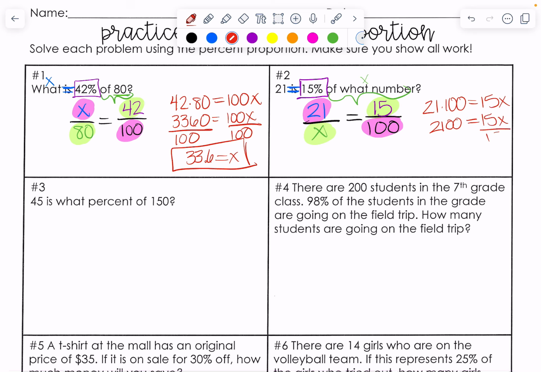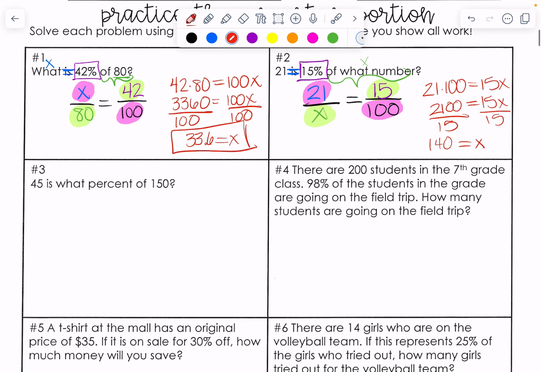I can divide by 15. And then I'm going to end up getting x is 140. And again, this would just be a quick way to double check. 21 is 15% of 140. Just double check that that seems reasonable and makes some sense.